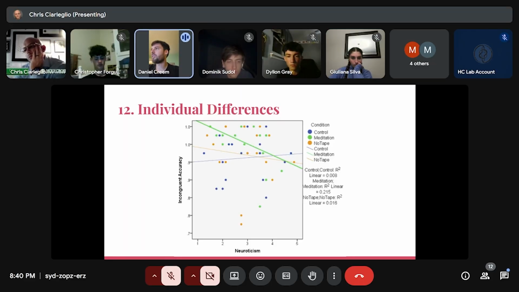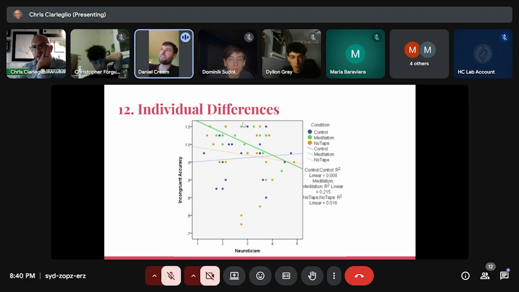Yeah, I kind of see it. Guys, can you see my mouse moving? Hold on. Yeah, so the green line is going down, which means here that the more neurotic people were, the less accurate they were even after meditating. Whereas the people who have low neuroticism, when they meditated, they were extremely accurate.